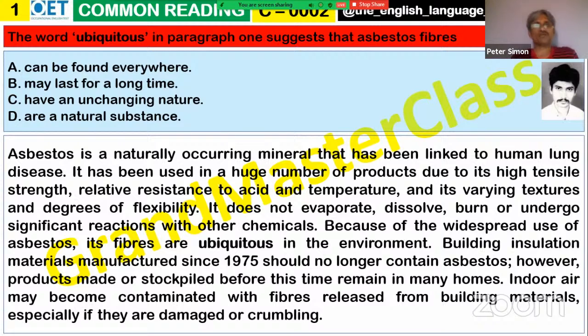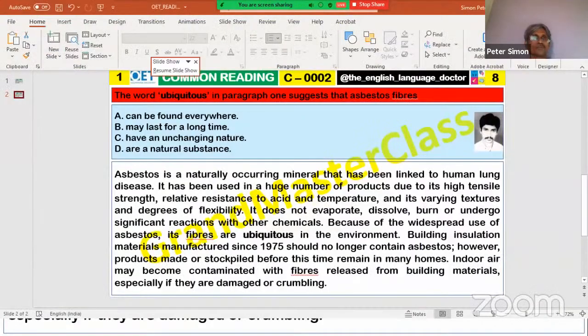So ubiquitous means found everywhere, present everywhere, omnipresent. That is the meaning. Next one. Now we are going to the third question. Okay.